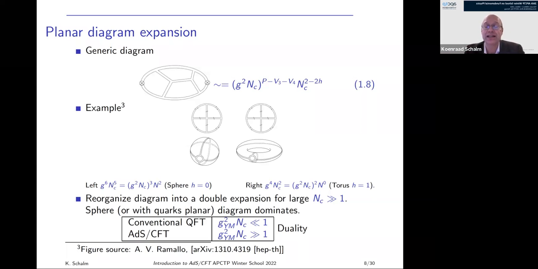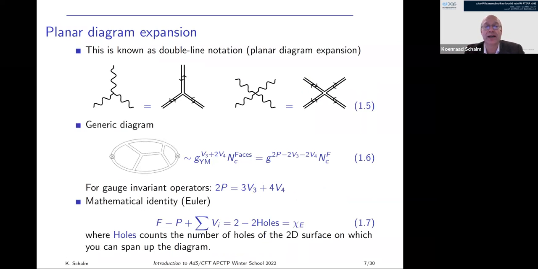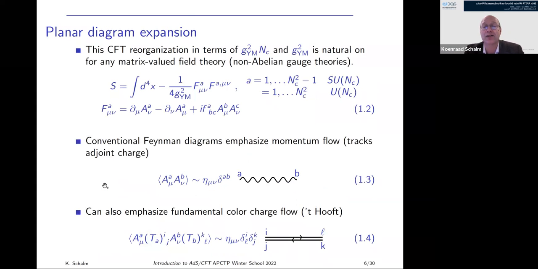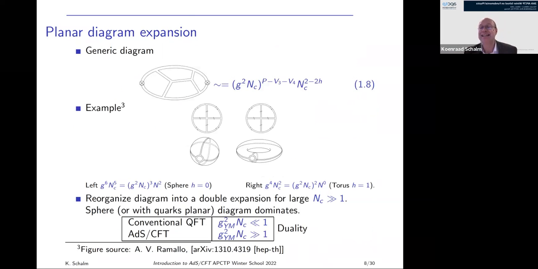However, we have just seen through the canonical example of AdS/CFT that there, because I needed a large curvature, this combination g squared Nc had to be very, very large. And this is the duality statement that is underlying the power, the interest, the beautiful discovery of AdS/CFT.